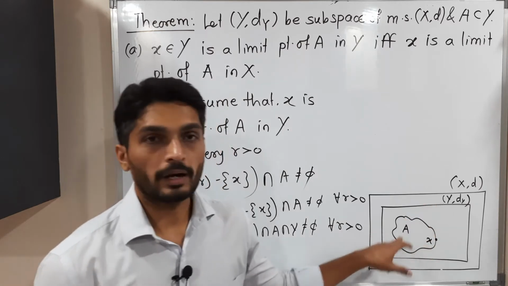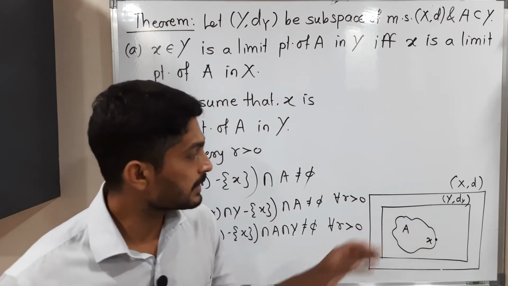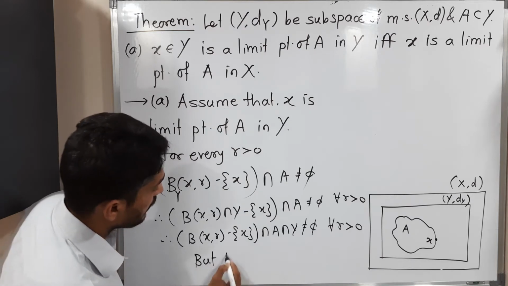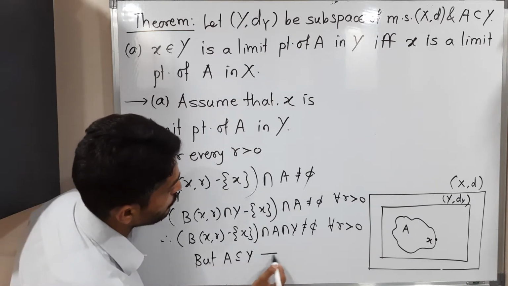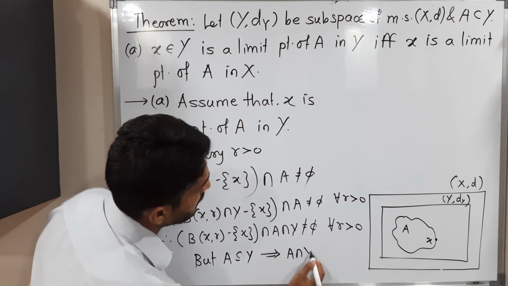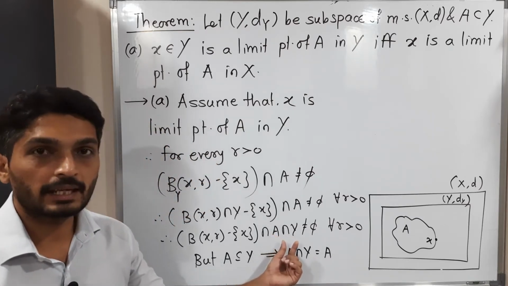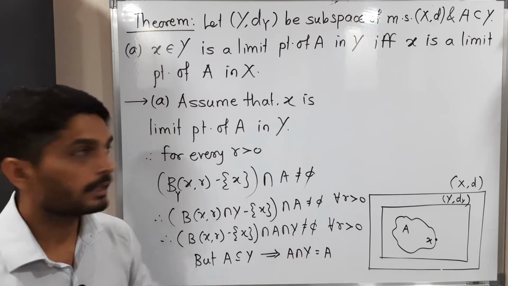Now if you take the intersection of A and Y, obviously we will have A, because A is a subset of Y. So I am replacing A intersection Y by A.